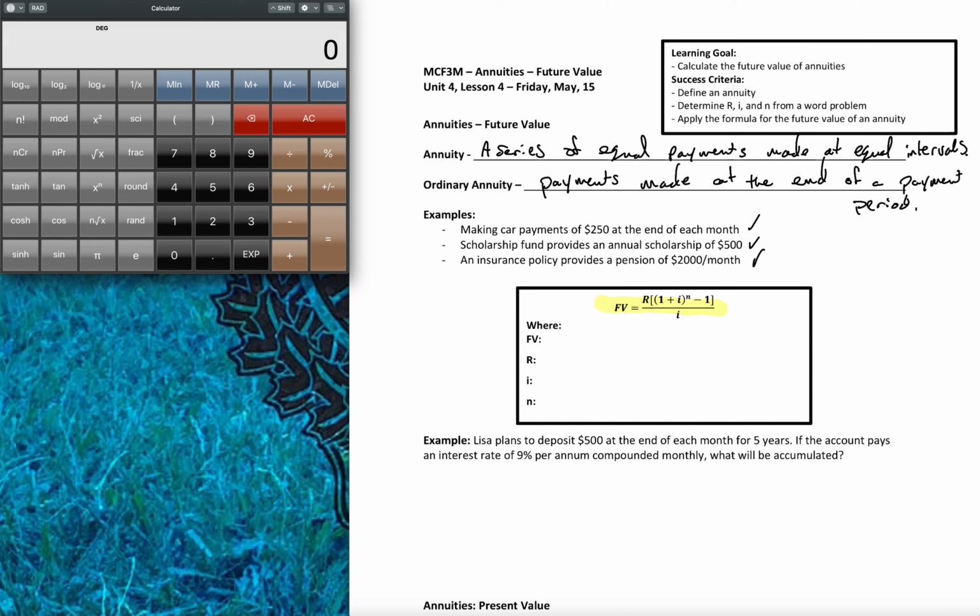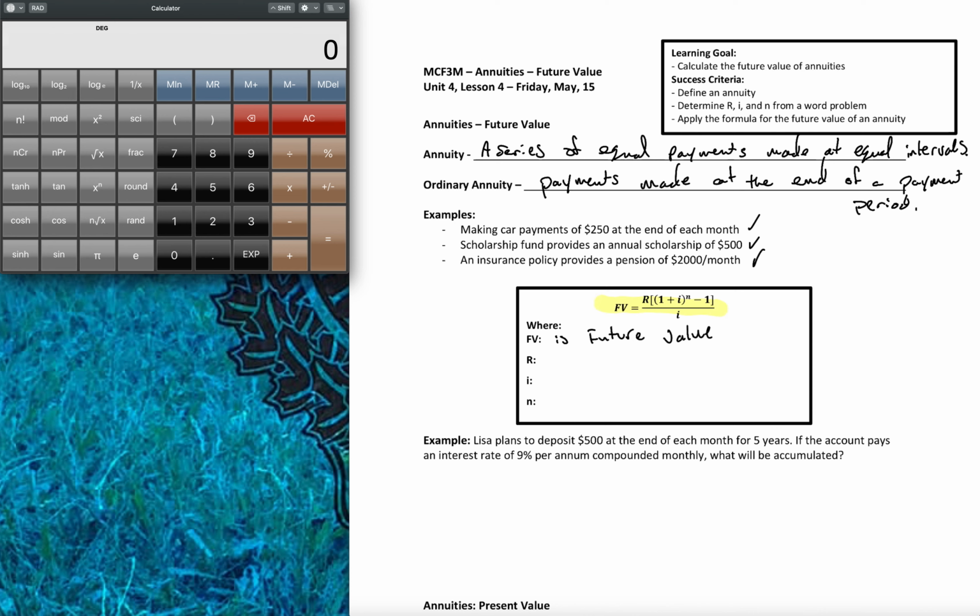FV, or future value, is going to be the future value. It's almost like the A value from some of the other equations, right? Now, R is going to be your regular payment. It's like your principal, but you're applying the principal many times.